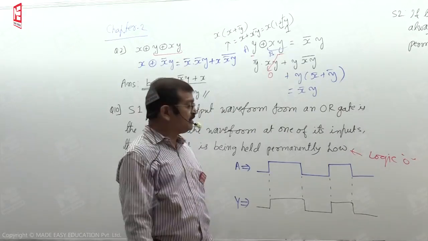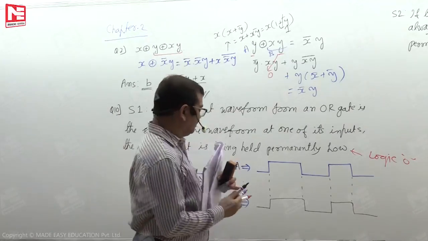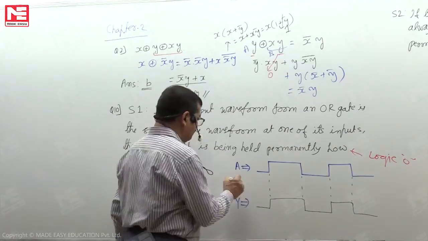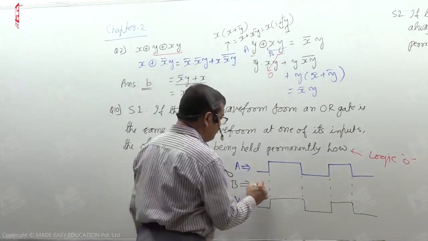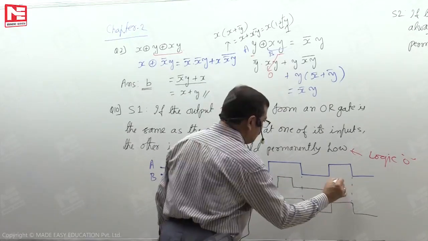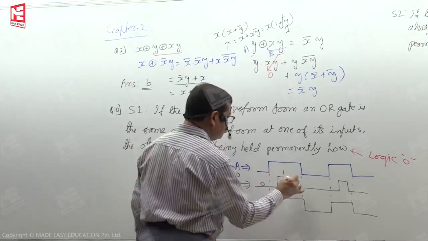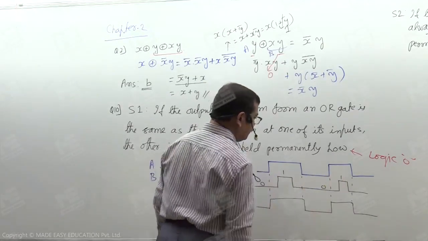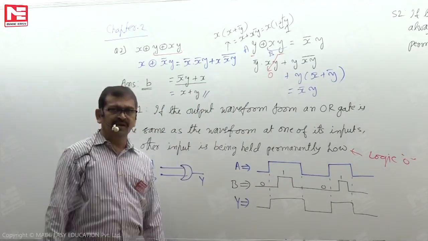We need to check whether the statement is true or not. Of course, if you see here, if you are having a B waveform, something like this, this waveform is neither permanently 0 nor permanently 1. I am not keeping the input waveform permanently at logic 0.